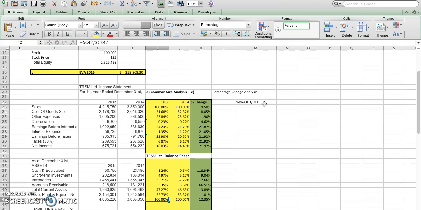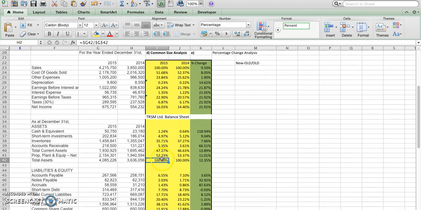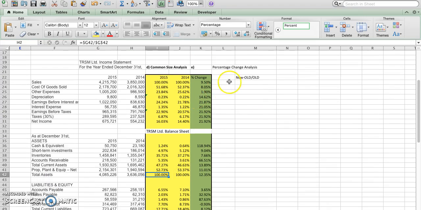Common size income statements are divided by sales. Common size balance sheets are divided by total assets. As for percentage change analysis, very simple. You're dividing new minus old by old. So 2015 minus 2014 by 2014.